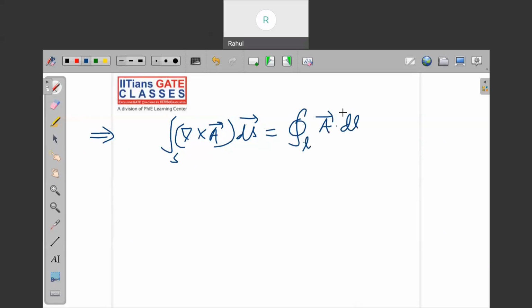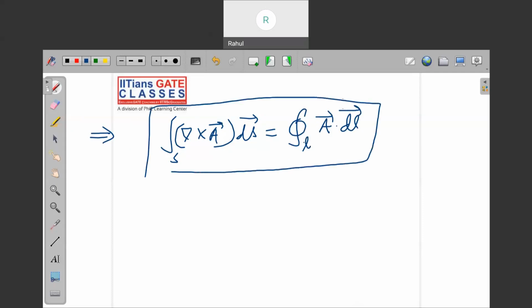This is the line integral as circulation, right? So this is Stokes theorem. Remember, this is for an open surface. This is very important because sometimes in the examination they mention it in the options.